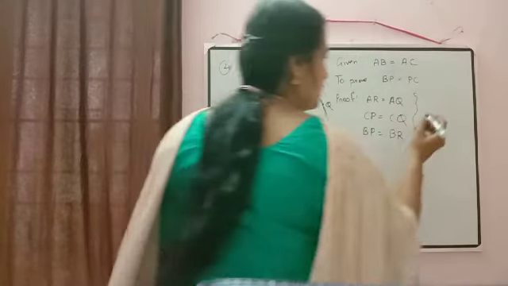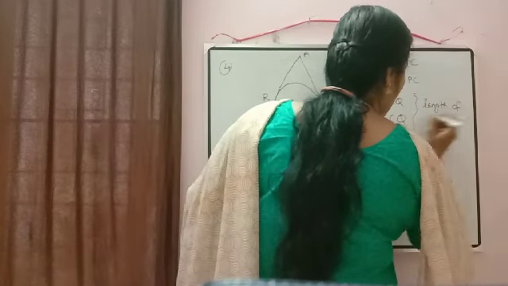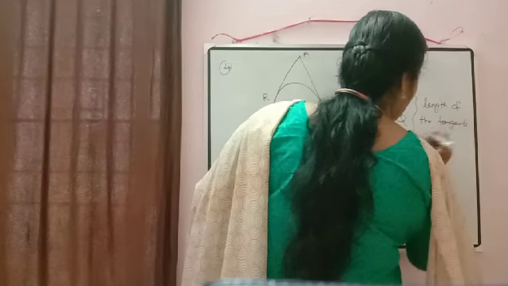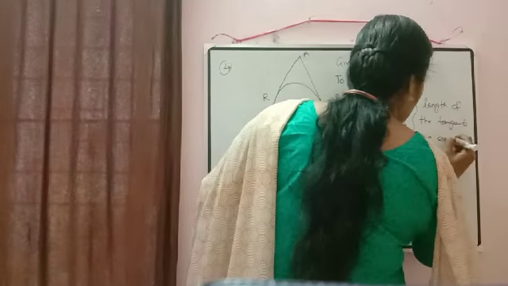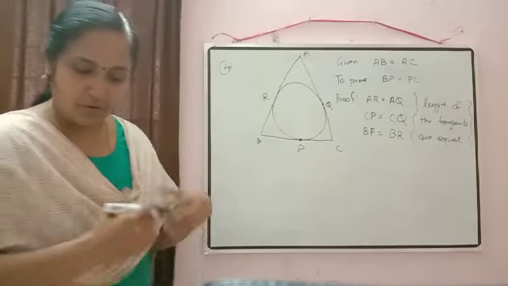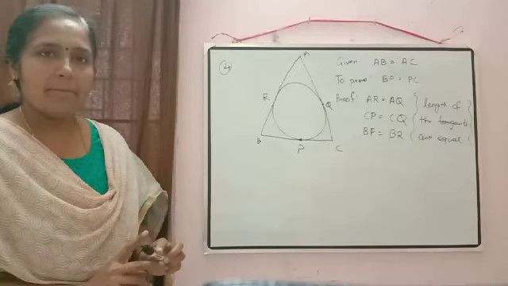Together you can write down the reason there. Length of the tangents are equal. So if you will write till here, so at least you will get some mark. If you don't know the full proof, then also to write this one you will get some mark there.